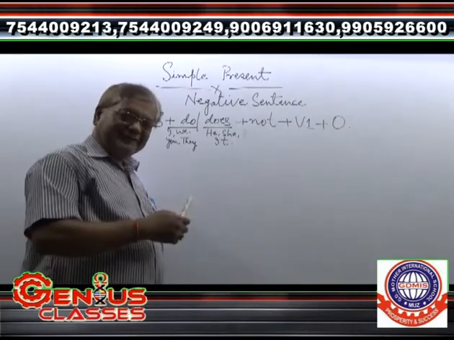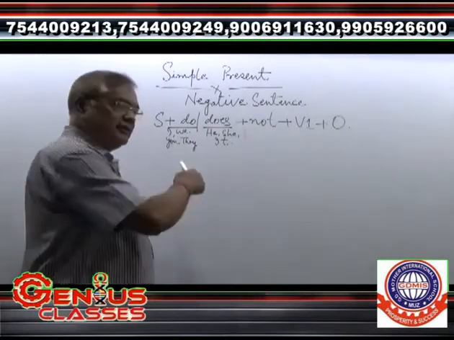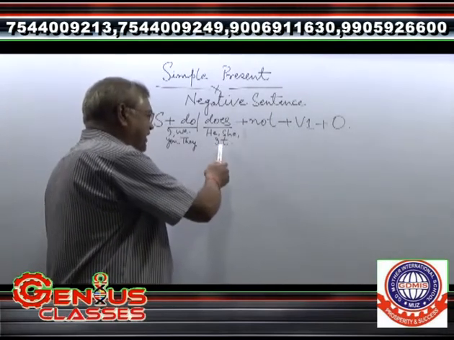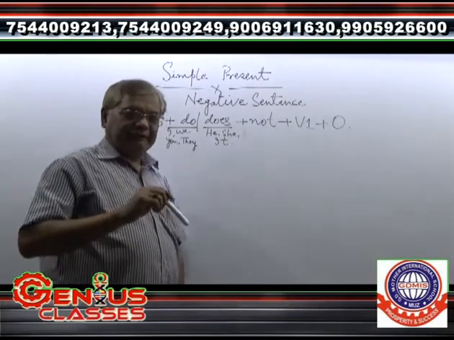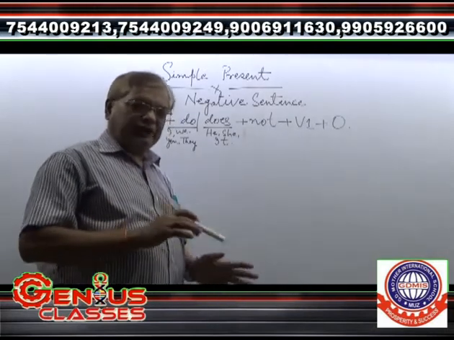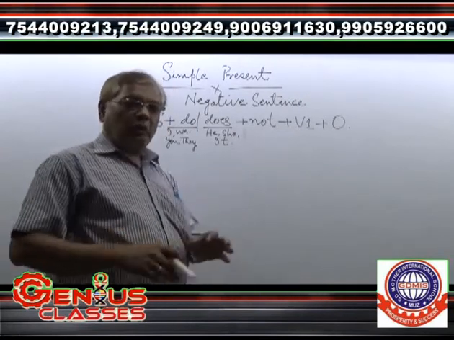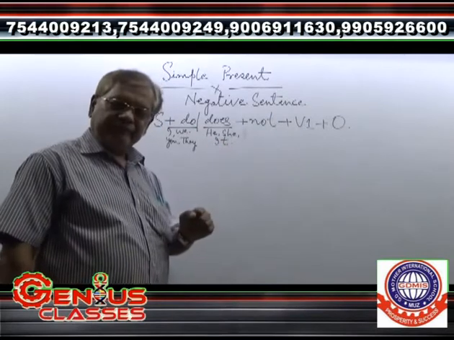If the subject is plural, then we will consider it under they. Whereas he, she, and it are used for animals, domestic and wild, and small insects as well.